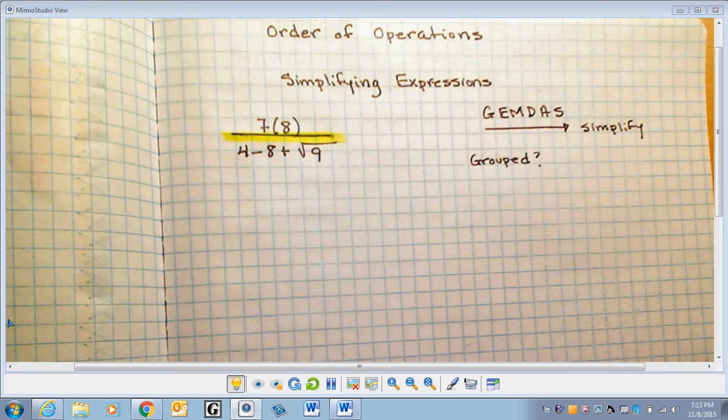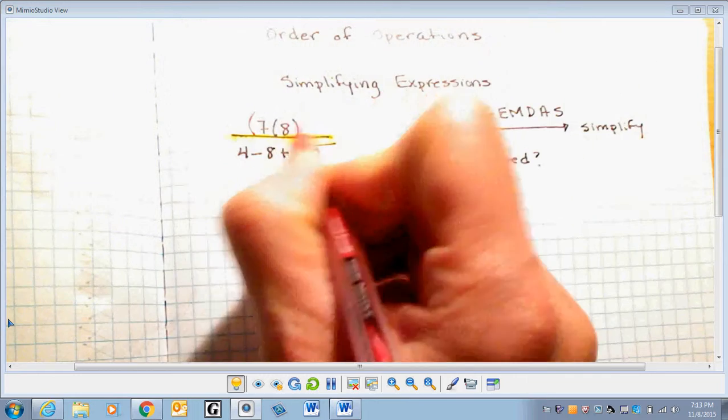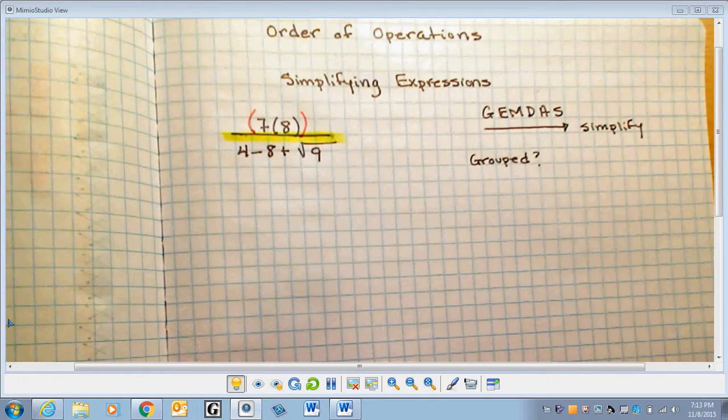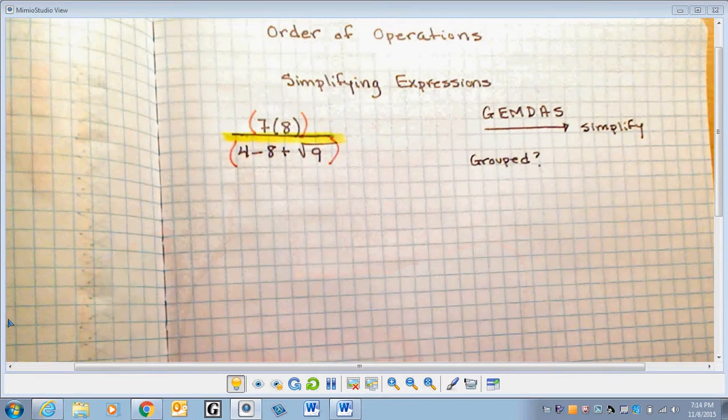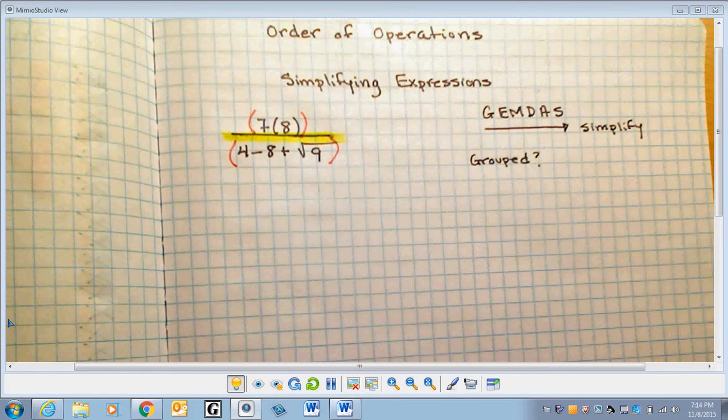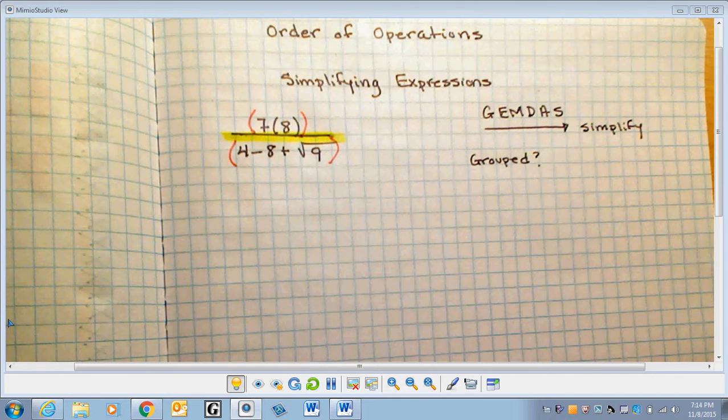What that's doing is grouping my numerator in one area and my denominator in the other. That's why sometimes when we put this in the calculator, if we don't use our parentheses correctly, the calculator doesn't do the order of operations correctly. So I do have grouping.